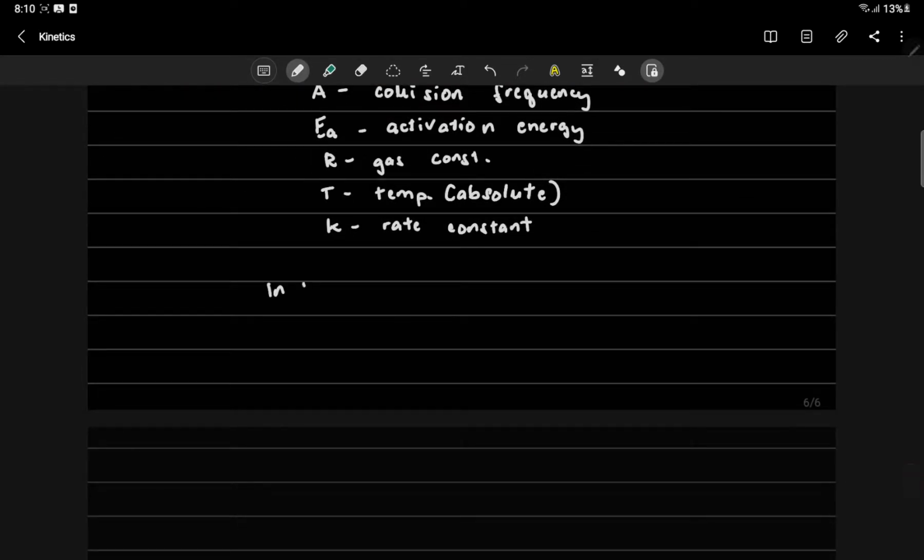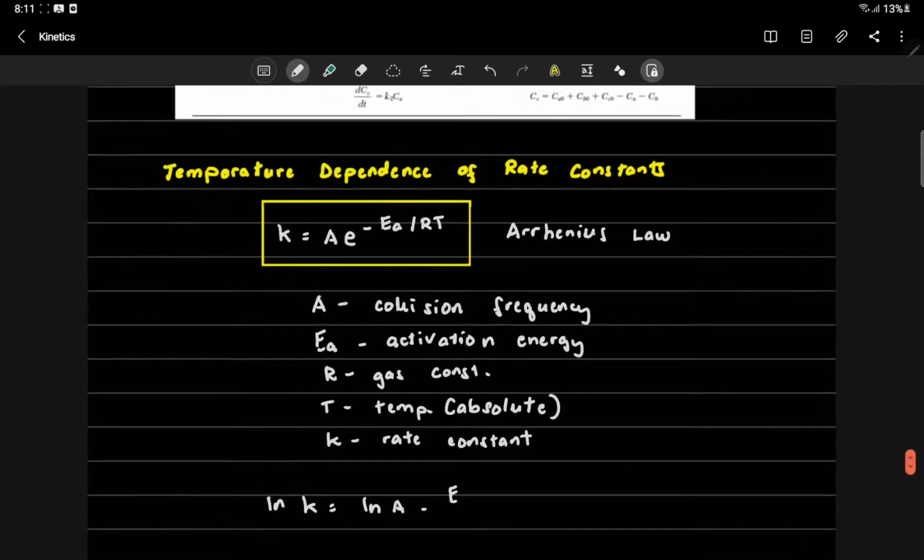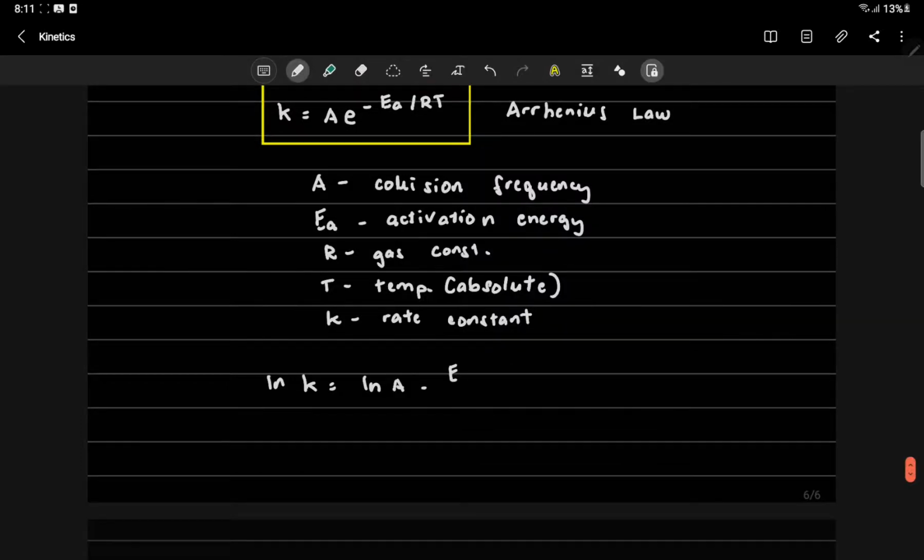Ln of K equals magiging ln of A naman yung kabila minus EA over RT. So ito na yung linearized form ng ating equation.